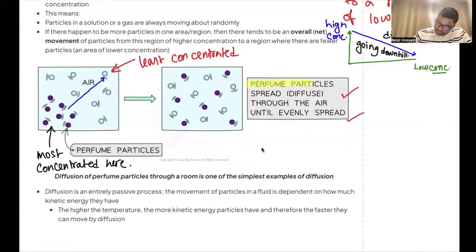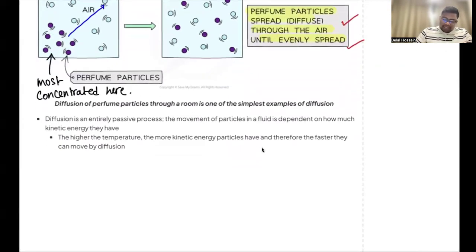The next thing that you need to remember for diffusion is that this is an entirely passive process. So what does passive process mean? It means it does not need energy. Diffusion is always passive.